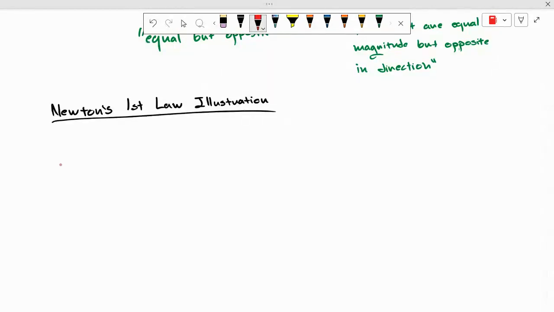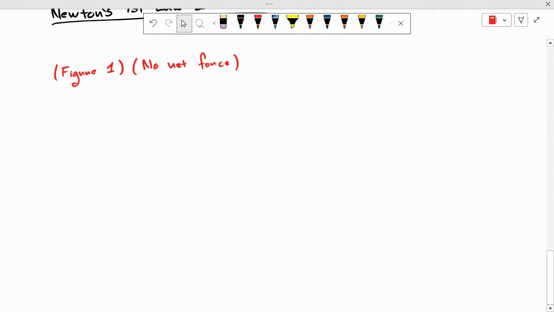So if we have an object at time t1 and it has mass m and it is going in this direction with velocity v, and at time t2 it is going also with that velocity v, then we have that velocity doesn't change, there's no net force.